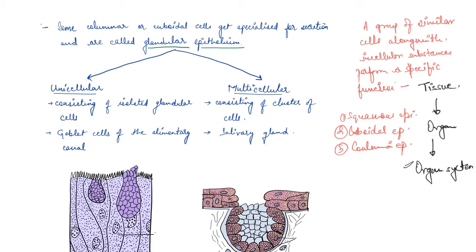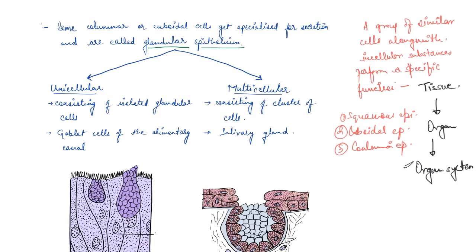So these glandular epitheliums can be of two types. Either it can be unicellular or it can be multicellular. In the case of unicellular, they consist of isolated glandular cells, and in the case of multicellular, they have a cluster of cells, right?